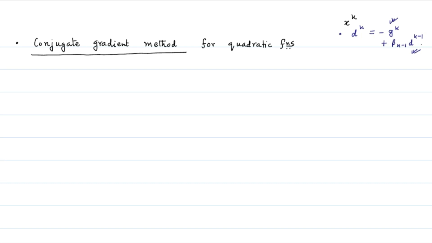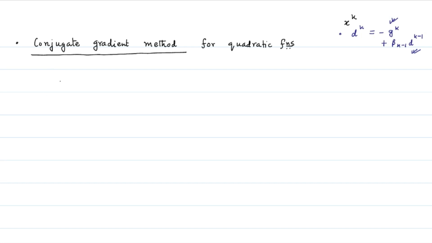So these conjugate directions plus gradient gives us the name conjugate gradient method. The conjugate gradient method actually exploits the fact that for a quadratic function of n variables, we can locate the minimizer by performing n searches along mutually Q orthogonal or Q conjugate directions.